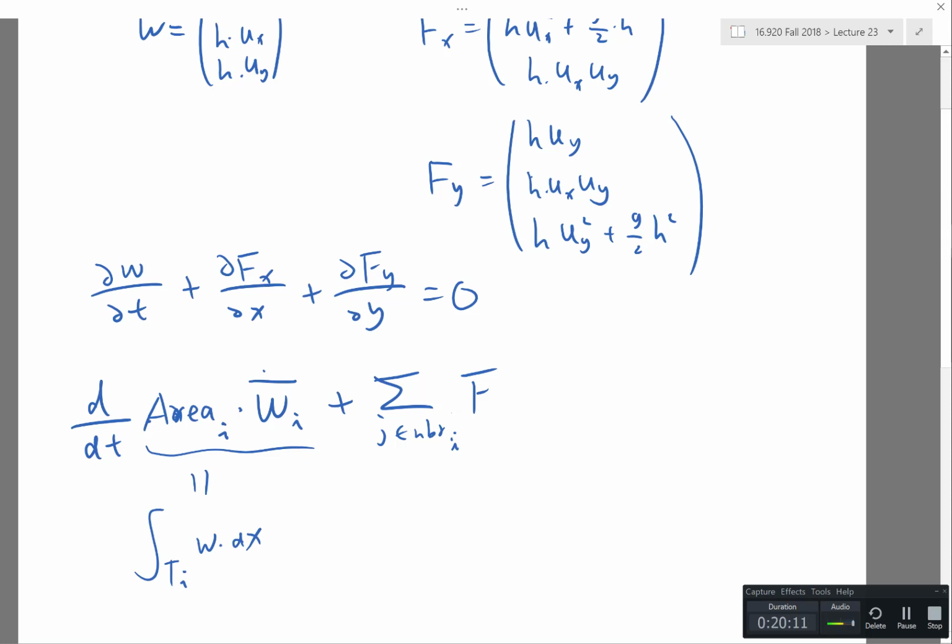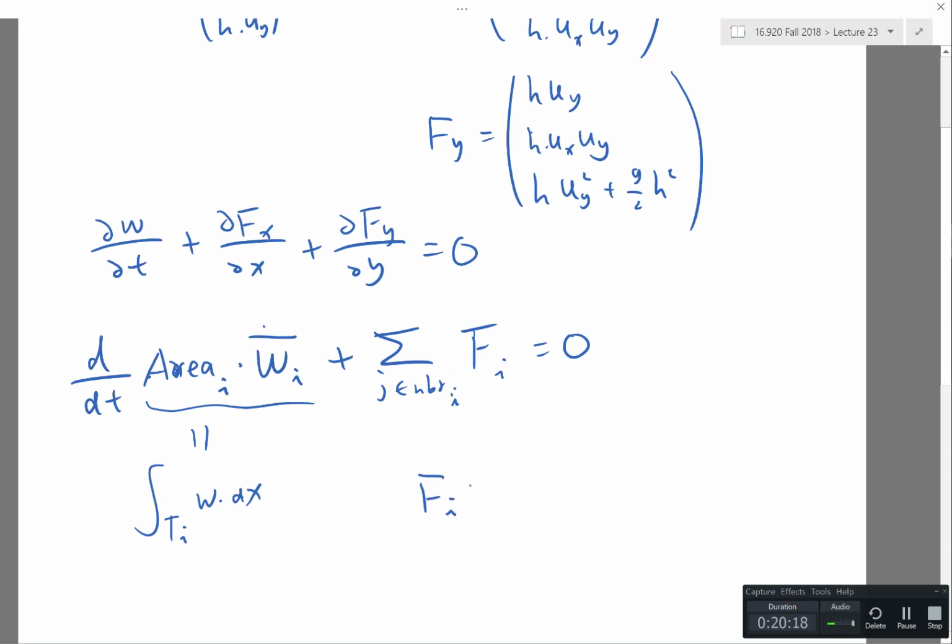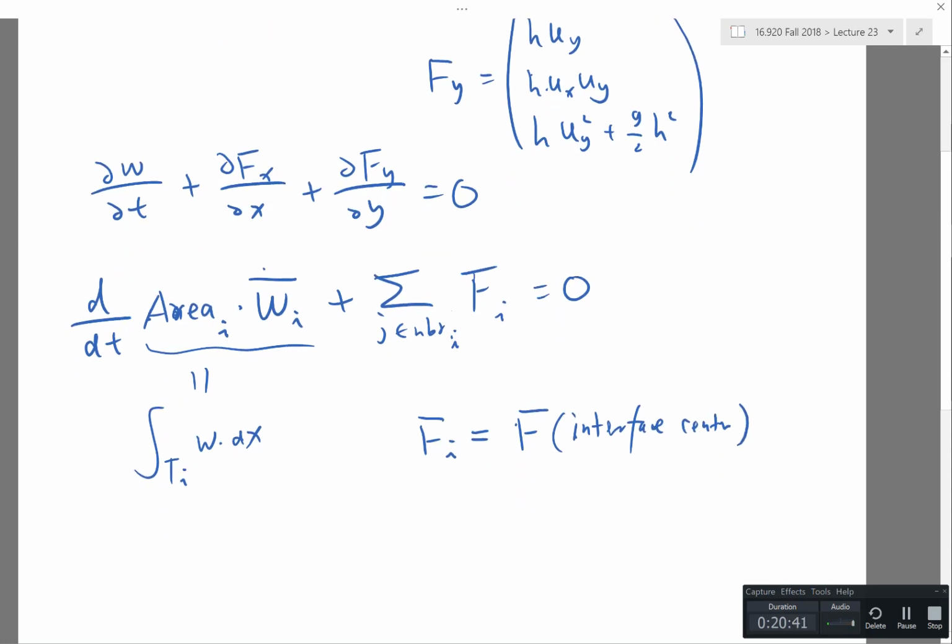Okay, and here the flux is equal to 0. Here the flux Fj is an approximation for an integral over an interface. And here we use a single point Gauss quadrature, which is equal to the flux evaluated at the interface center, dot product with the normal, right?